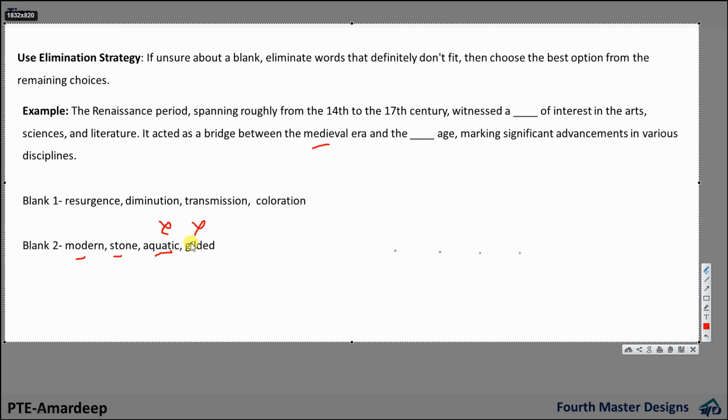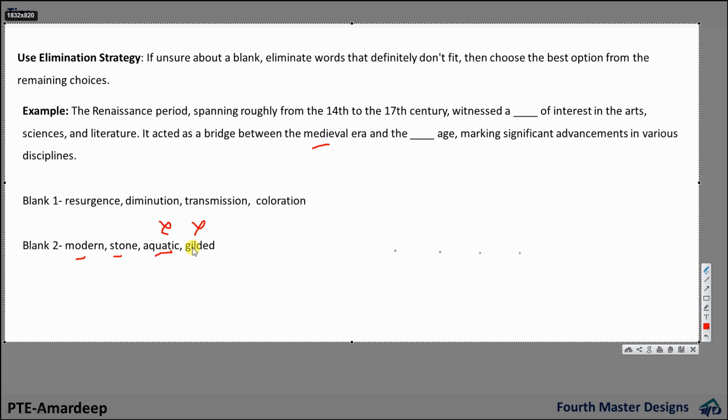First of all, it's very important to know the meaning. Otherwise, you would be in trouble. Now, I said gilded. I cannot exactly say gilded can be eliminated. Why?